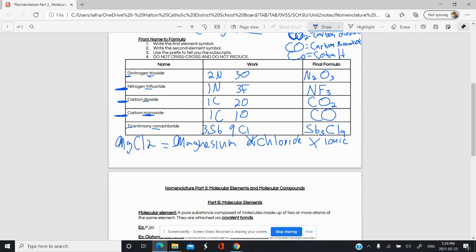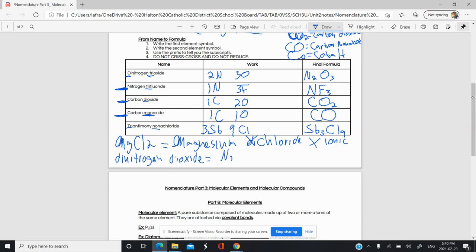Now let's say I ask a student to write a formula for dinitrogen dioxide. And the student does this.